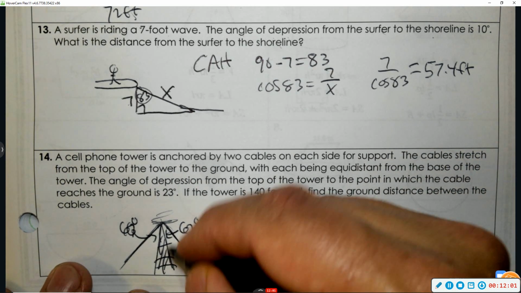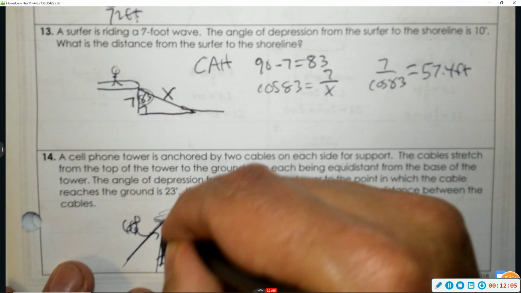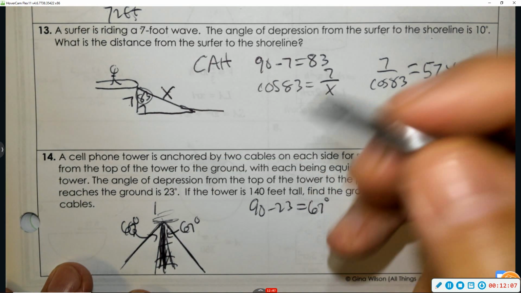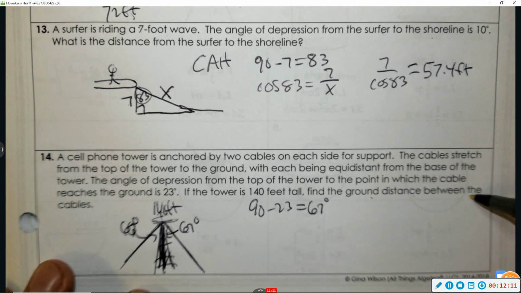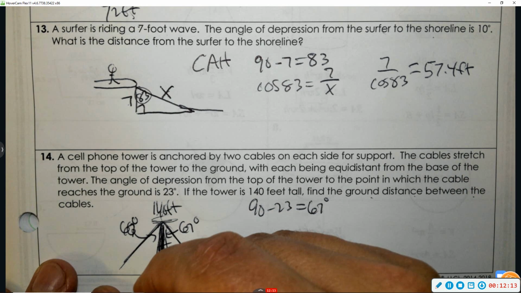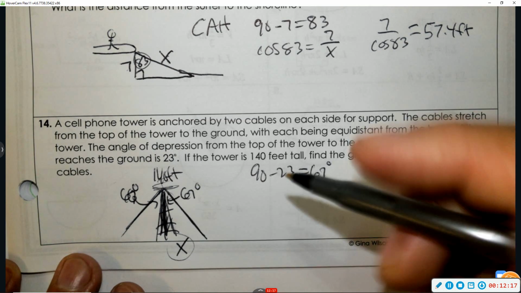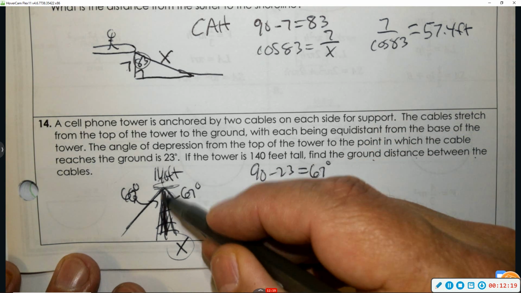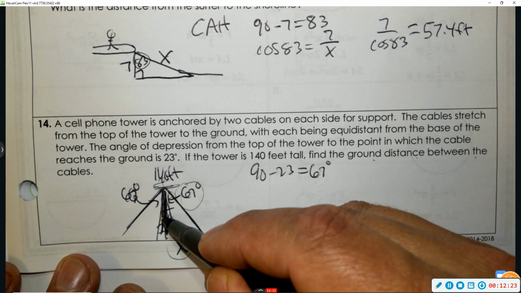If the tower is 140 feet tall, so this middle part is 140 feet, find the ground distance between the 2 cables. So all I have to find is one of them, and then I can double the answer. So look at one of the triangles here, circle the angle. This is opposite and adjacent.